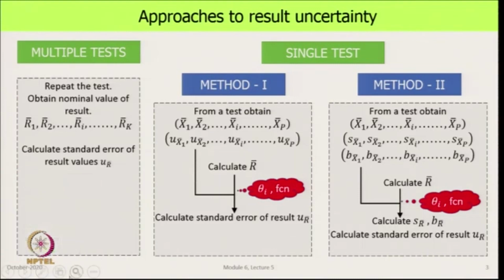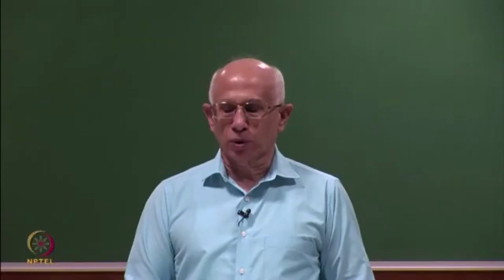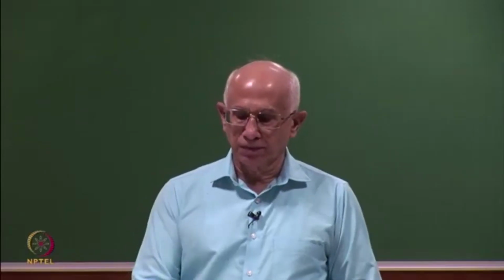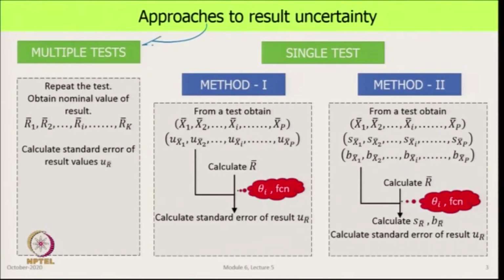So, to just revisit what we have done in the previous few lectures, we have said that there are two broad approaches to uncertainty analysis, particularly uncertainty in a result. We have multiple tests and the single test. In the multiple test, all we do is we just do the experiment many times and get the result value.